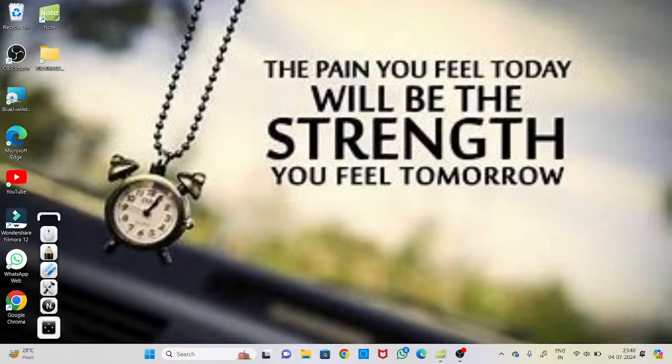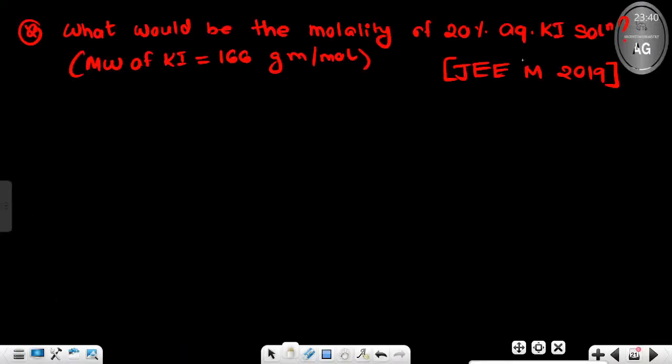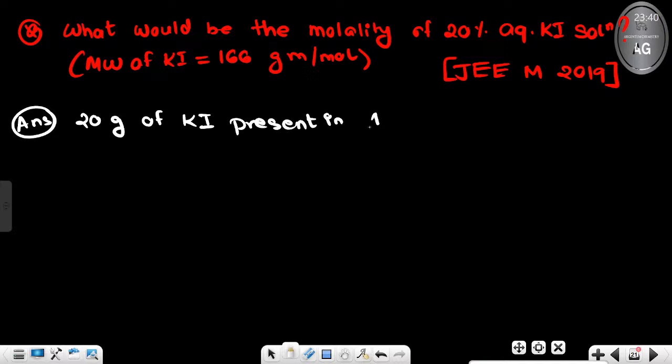20% aqueous KI solution. So first let us create our own solution or define our own solution. 20% aqueous KI solution means 20 gram of KI present in 100 gram of solution, right?